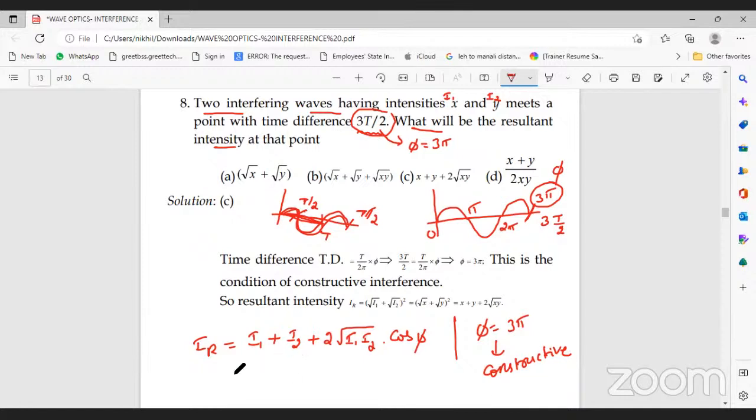What is I1? X. What is I2? Y. Plus 2 root XY. Since it is a constructive interference, cos phi should take maximum value. So what is the cos 3 pi value? Minus 1.